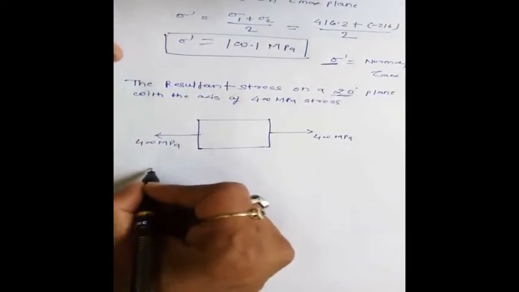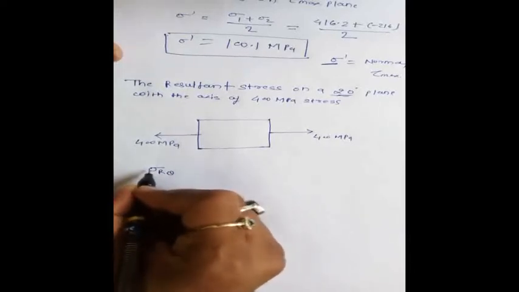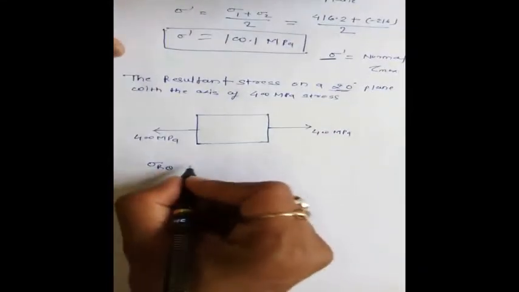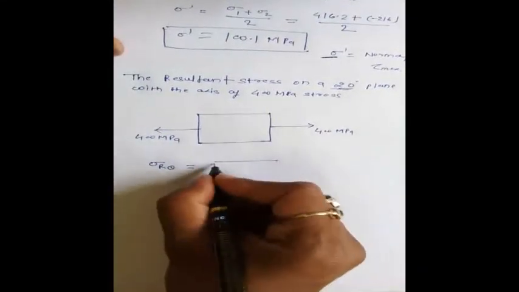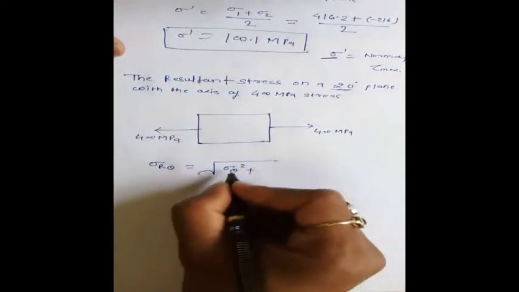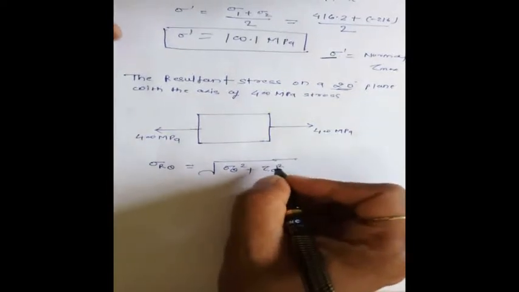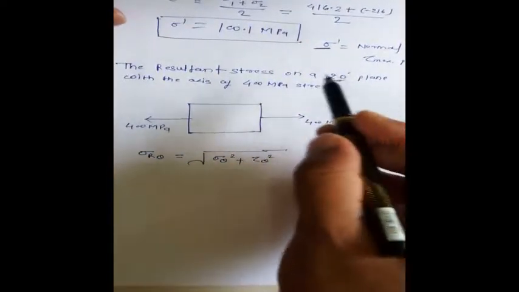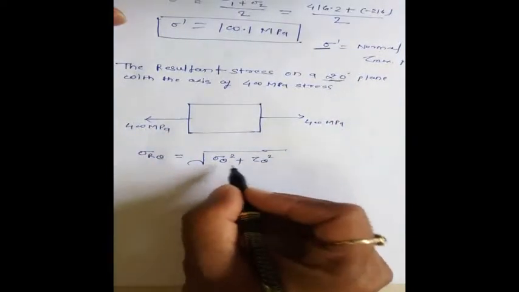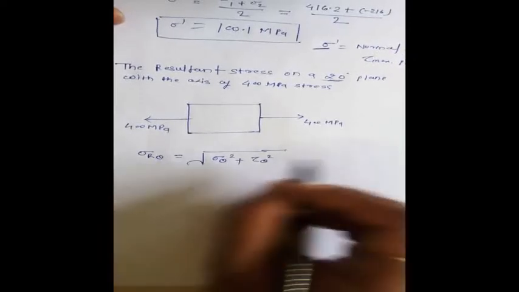We have the formula sigma r theta, the resultant at a particular angle, which here is the 20 degree axis. To find the resultant, we know the formulas for sigma theta and tau theta on an oblique plane. In any oblique plane we have to find the normal stress and the shear stress at a particular angle.